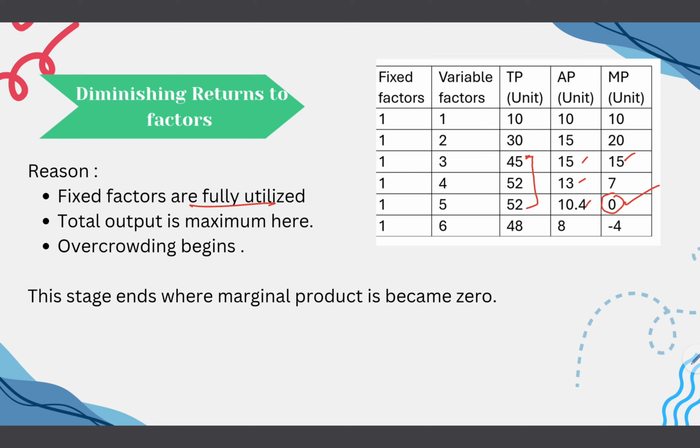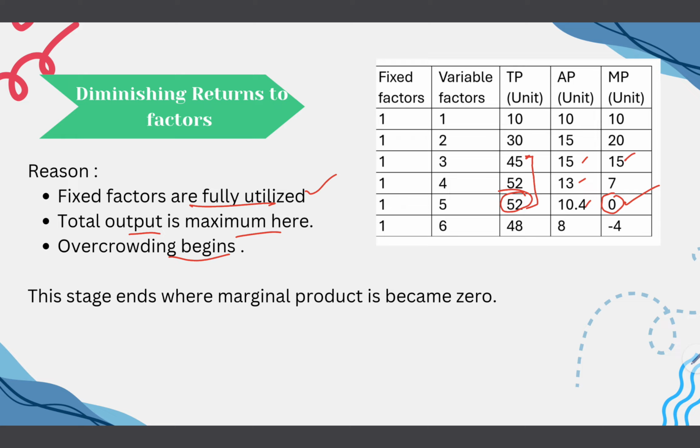In the first stage, the fixed factor is not fully utilized. But in this stage, our fixed factor is fully utilized and total output is maximum. The use of excess variable factor causes overcrowding. That is also a reason when our variable factor increases more and more.